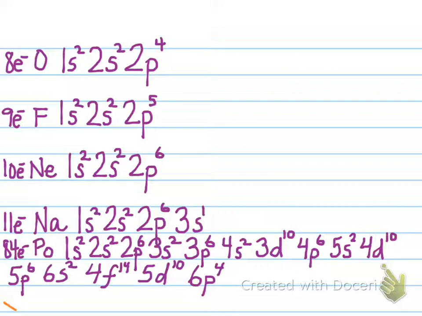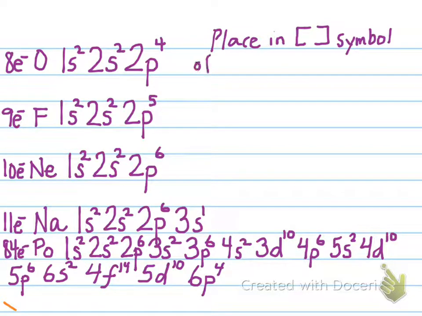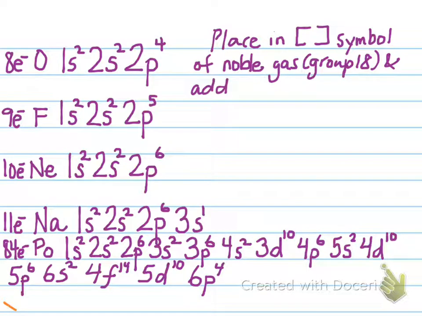So for example, if I look back to my oxygen, you can place in square brackets the symbol of the noble gas, which remember is my group 18, and then add the electron configuration after that.